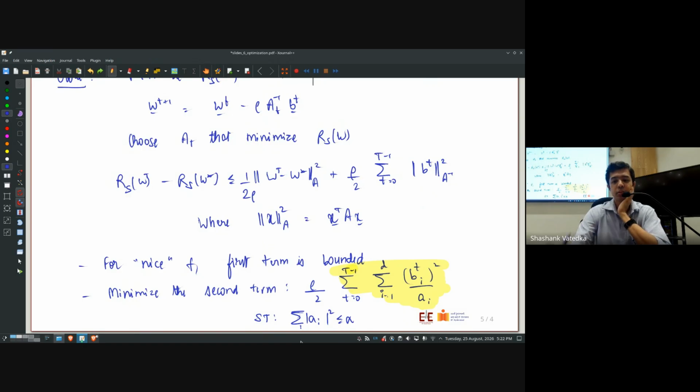So subject to these constraints, minimizing this essentially just amounts to choosing a_i to be some constant times the summation over t equal to 0 to t minus 1 of b_i,t square.